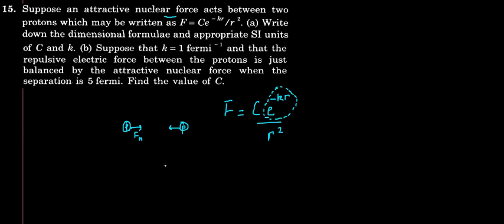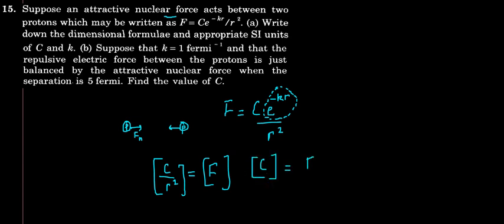So the dimensional formula for C divided by r squared has to be equal, if this equation is correct dimensionally, to that of F. From here, the dimensional formula for C must be equal to the dimensional formula for F times r squared.